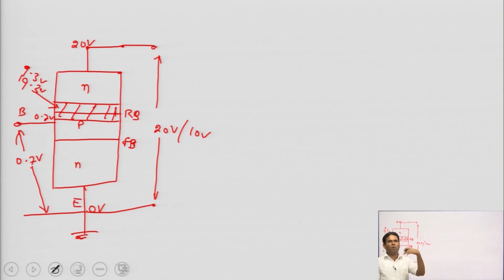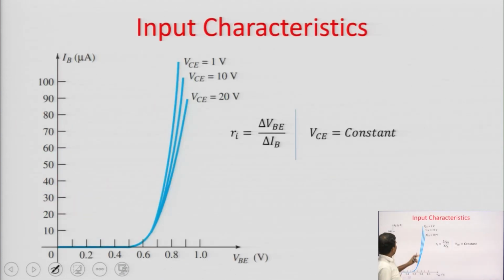If holes at the base layer increase, the recombination current will also increase, so IB increases. This means the input resistance decreases, so the slope of the graph also increases. The slope of this graph is greater than that of this graph. यानी 20 वोल्ट का वोल्ट पे जो ग्राफ का स्लोप होगा उससे 10 वोल्ट के ग्राफ का स्लोप ज्यादा होगा.